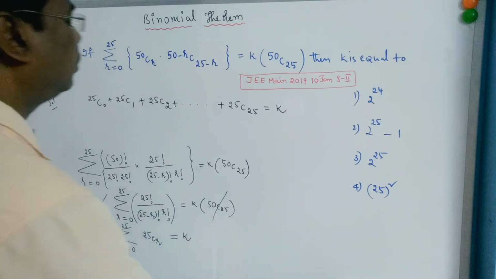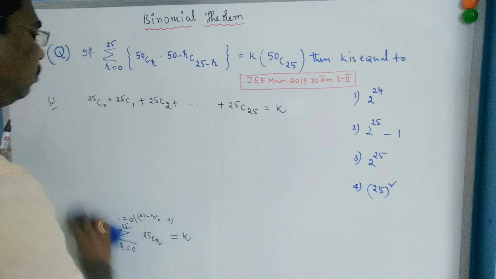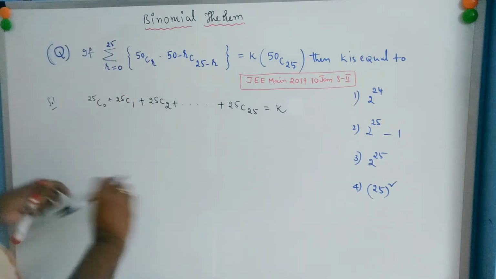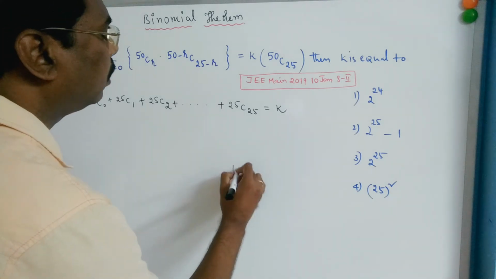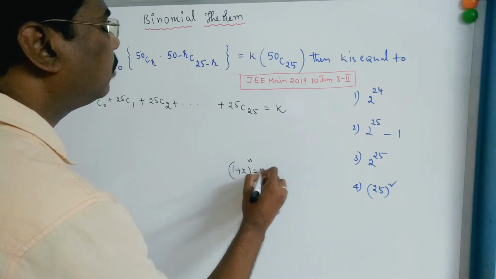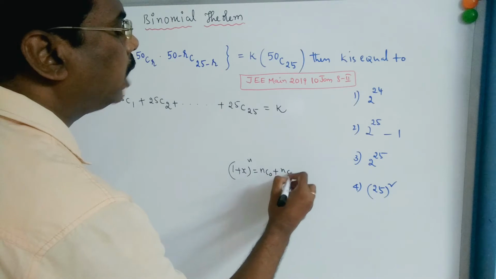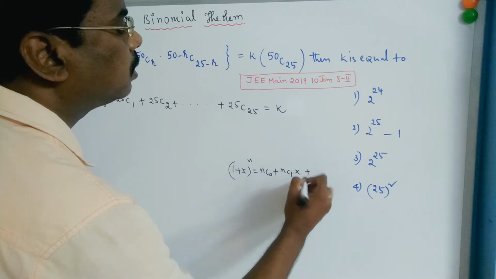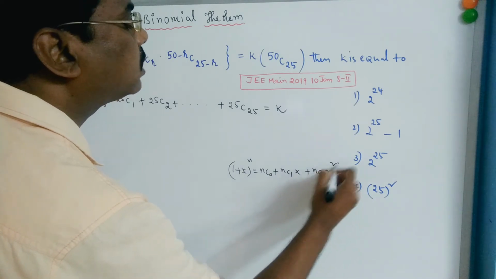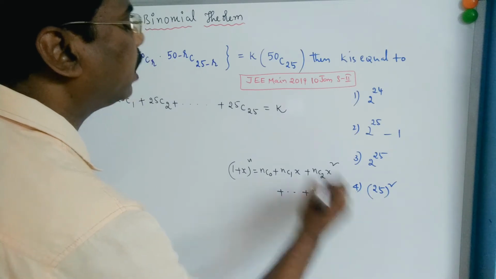Okay, we know that (1 plus x) whole power n is equal to nC0, nC1 into x, nC2 into x square plus up to so on nCn x power n.